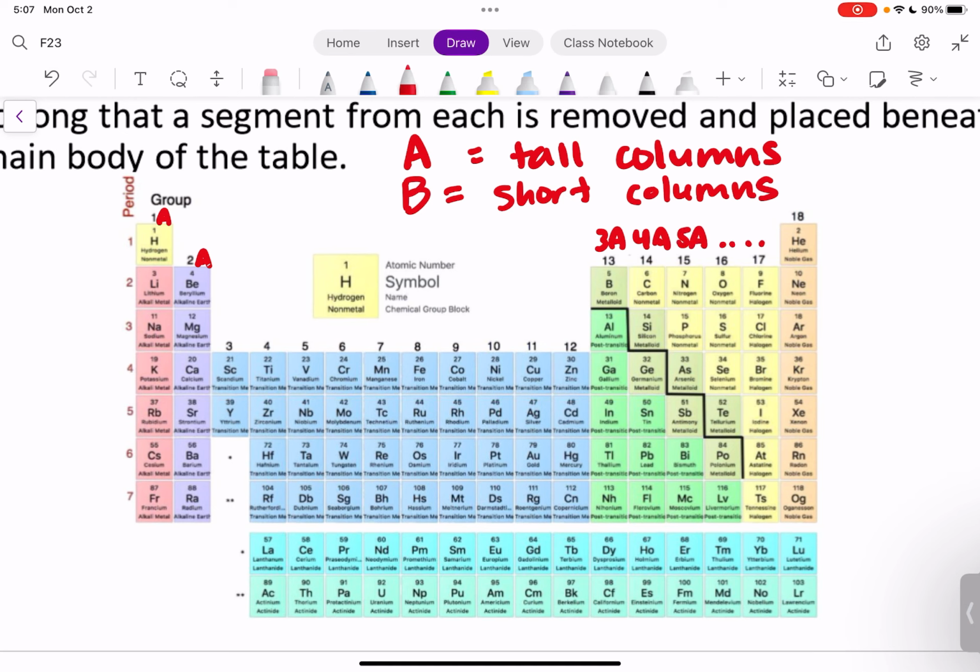And then down here, we've got 3B, 4B, 5B, and so on. You can use whichever naming scheme works better for you, but I do recommend that you use the AB naming system, even though it seems a little more complicated. It's just going to make your life a lot easier when you try to figure out how many valence electrons you have, because then you can just look at the first number in your tall columns.